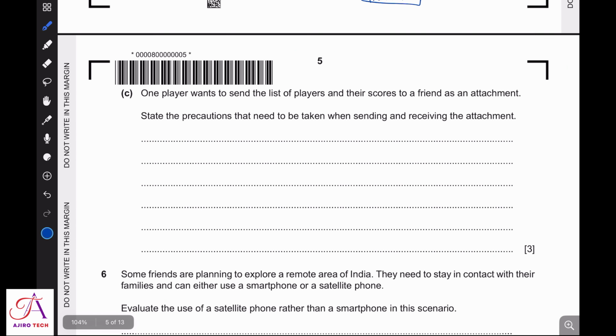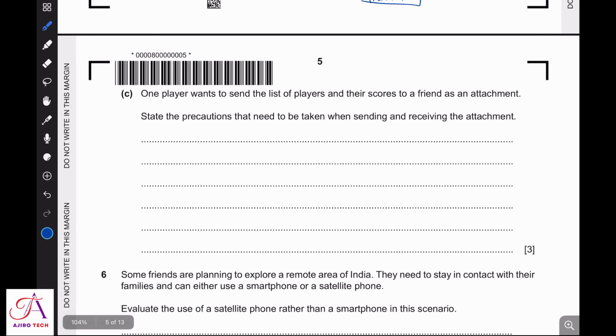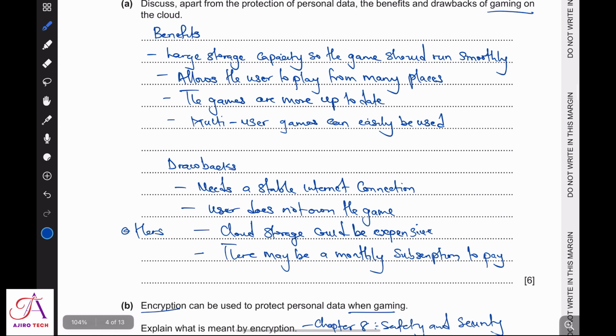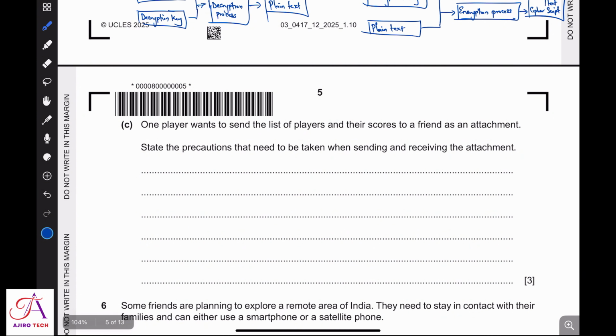All right, let's look at the C part. This is question 5C. One player wants to send a list of players and their score to a friend as an attachment. I'm seeing attachment, so chapter 10? Let's check. State the precaution that needs to be taken when sending and receiving an attachment.